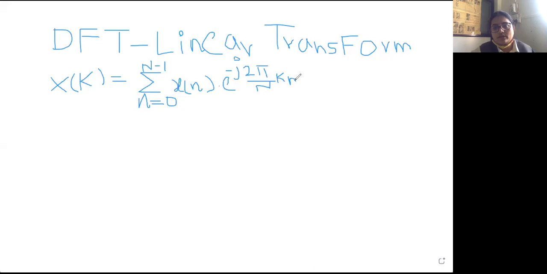So this is our DFT formula. Now what we will do? We will try to convert this formula into a matrix form.